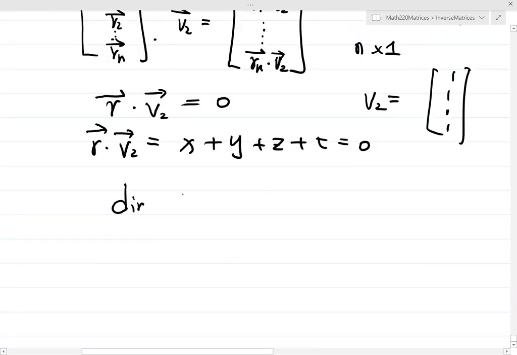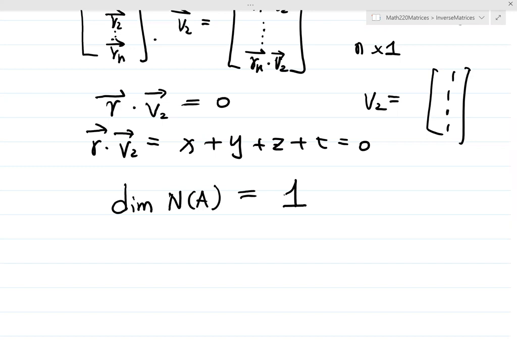The dimension of the null space is actually 1, because it is a span of a line through the origin. Okay, null space dimension 1. So the number of columns of A is 4, so the rank of A should be 3.